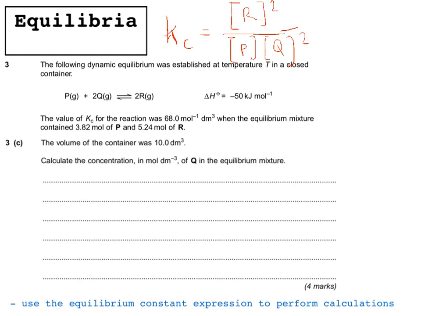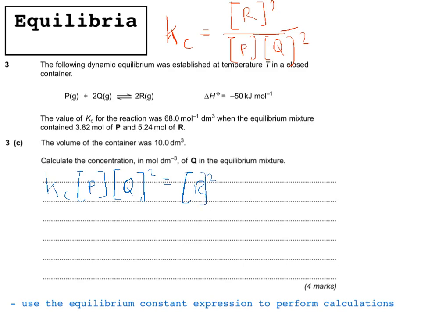Because we're trying to work out the concentration of Q, we want to rearrange this expression to get Q by itself. The first thing you do is multiply by the whole of the bottom to get R squared by itself, to multiply out the division first. So what we'll get is Kc times the concentration of P times the concentration of Q squared equals the concentration of R squared.